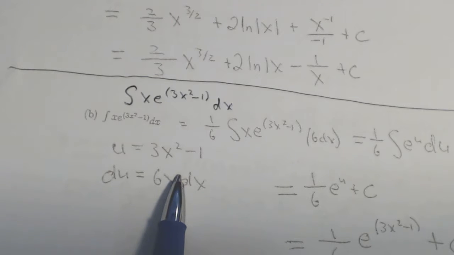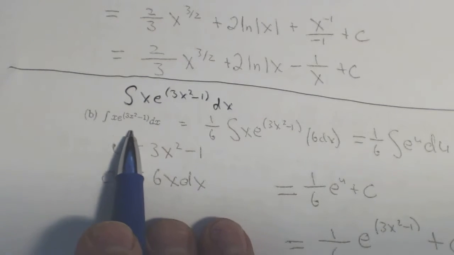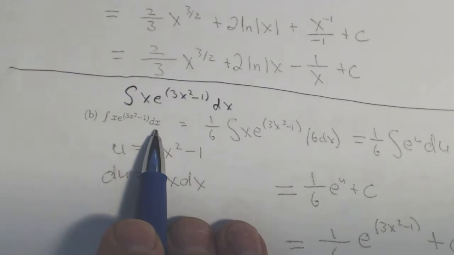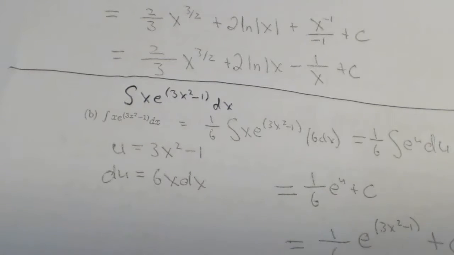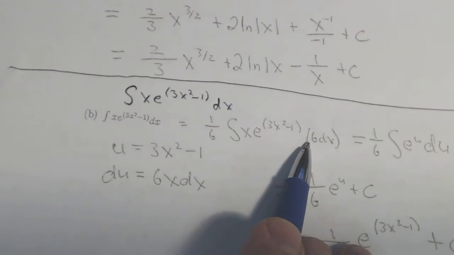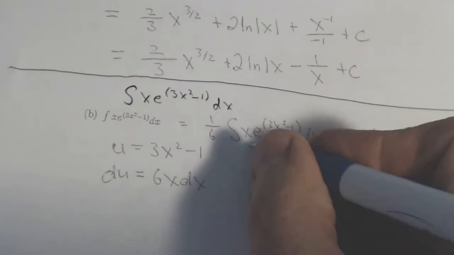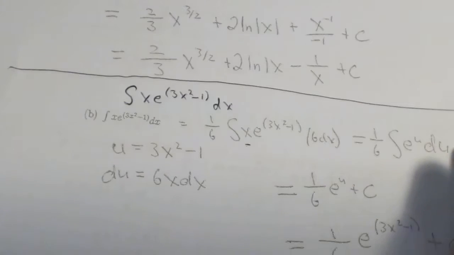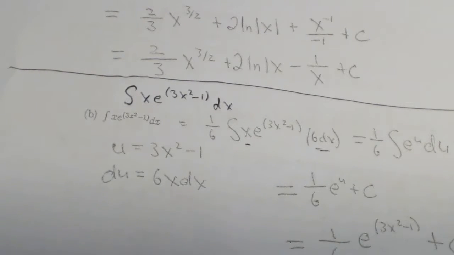Well, I don't quite have what I want yet, okay? But I'm close because here's an x and a dx. So if I would just rewrite the original a little bit, I'm going to put at the end where it wasn't before a 6 next to the dx, because if I would combine this x right here with this 6dx, I would have 6x dx, which is my du.